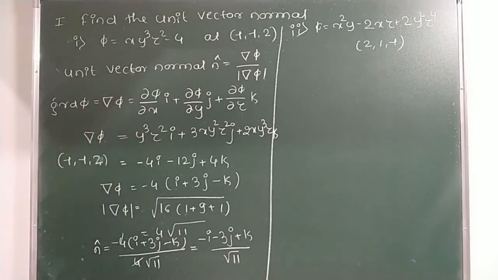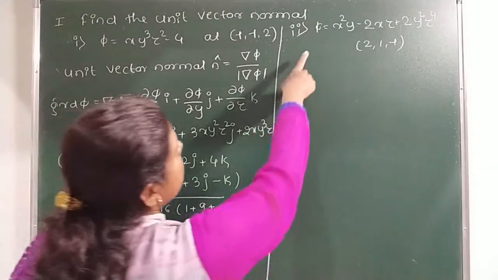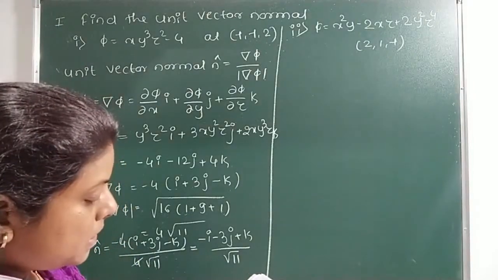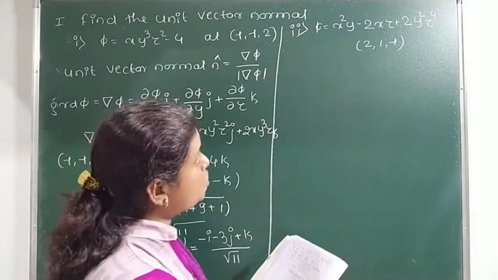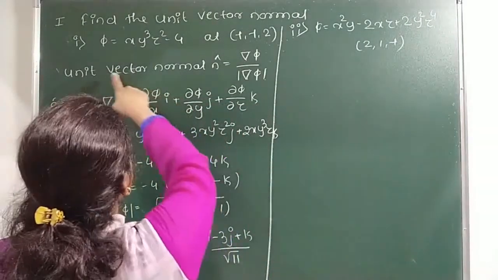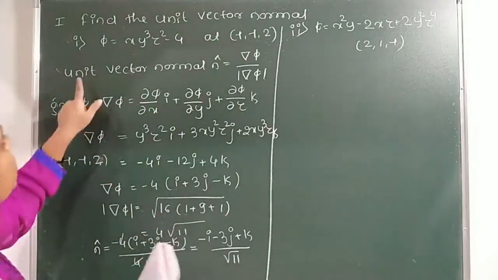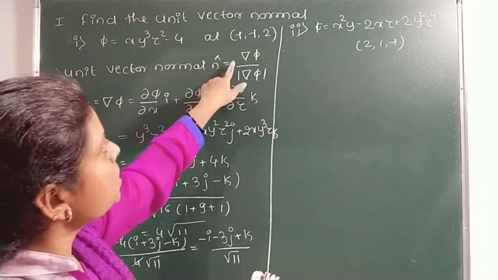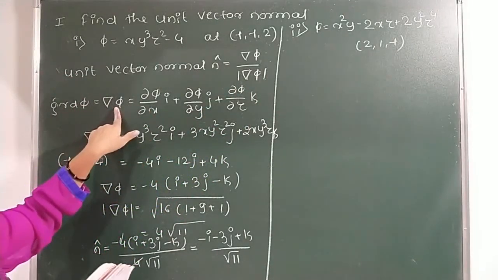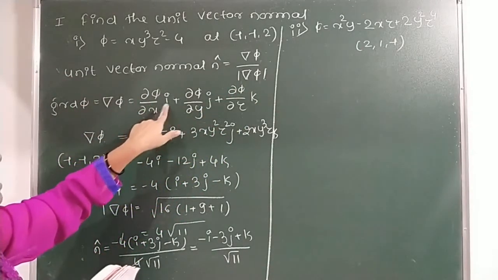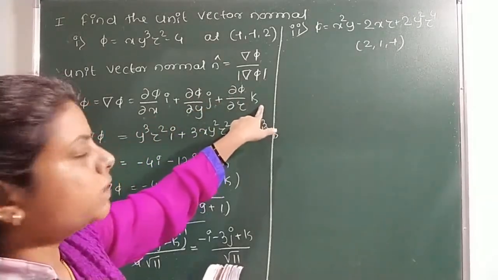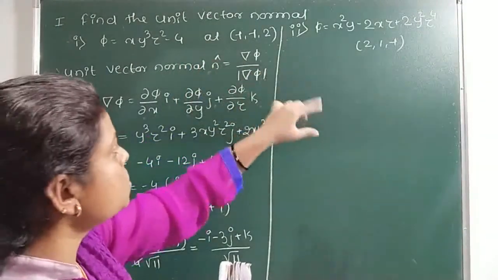Similarly, we take the second example. Phi is equal to x square y minus 2xz plus 2y square z raised to 4. The point is (2, 1, -1). Again the same procedure: write the formula, unit vector normal n cap is equal to del phi by mod del phi. Grad phi is nothing but ∂phi/∂x i plus ∂phi/∂y j plus ∂phi/∂z k. You have to write this once again.